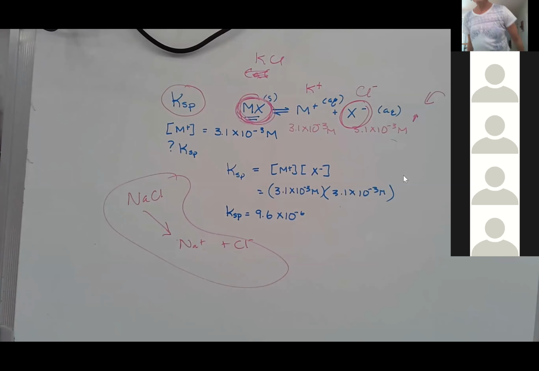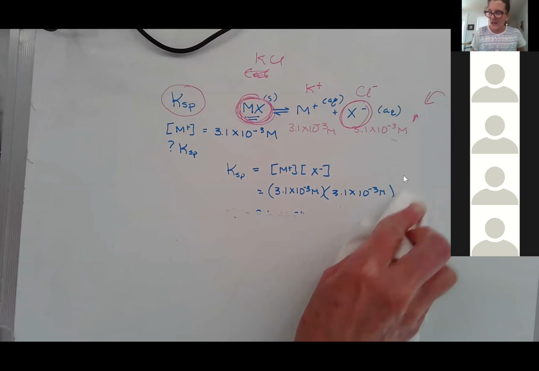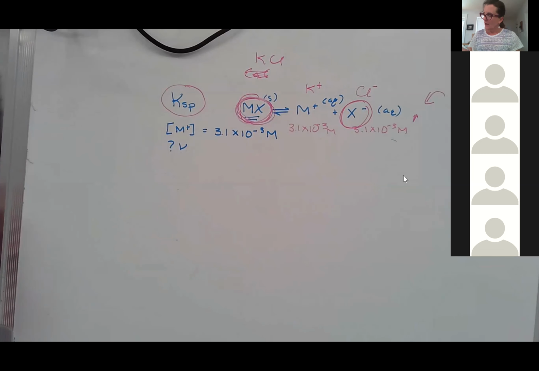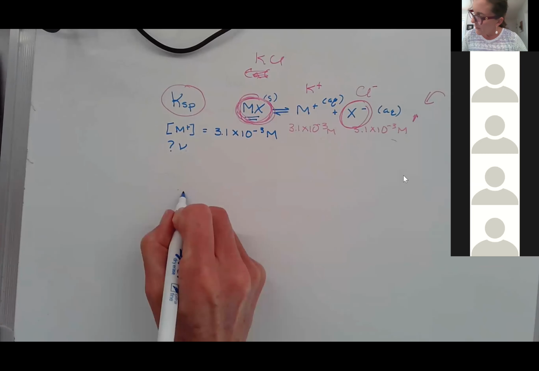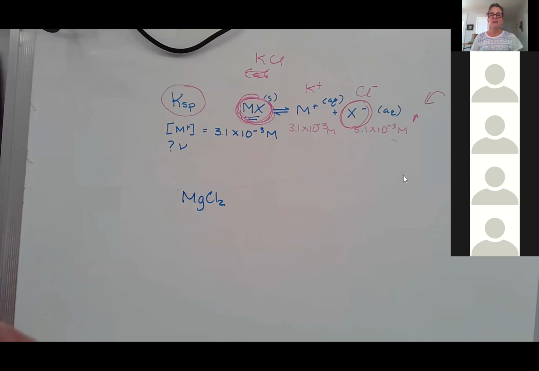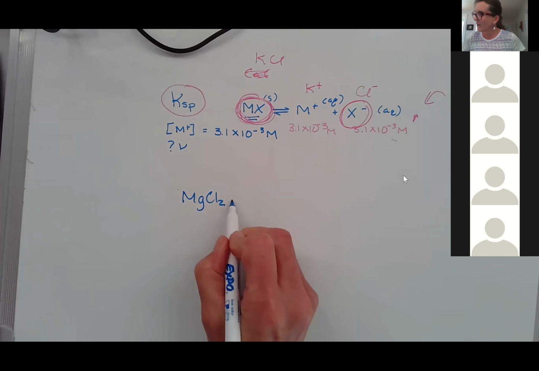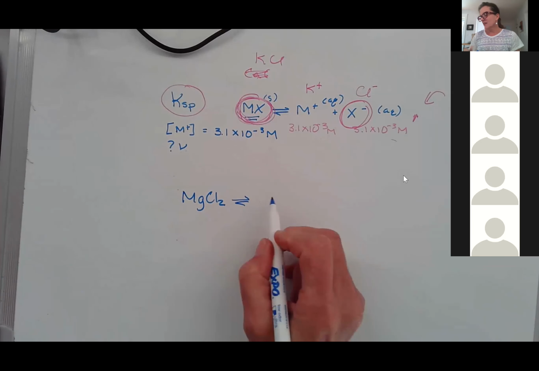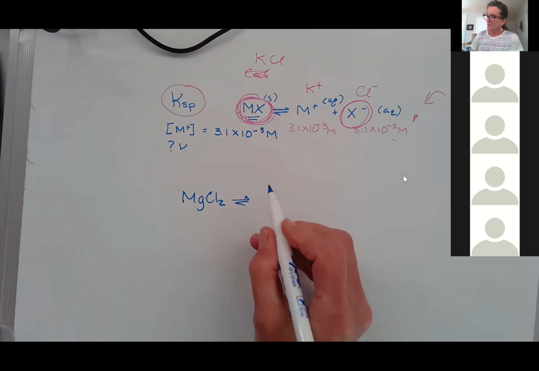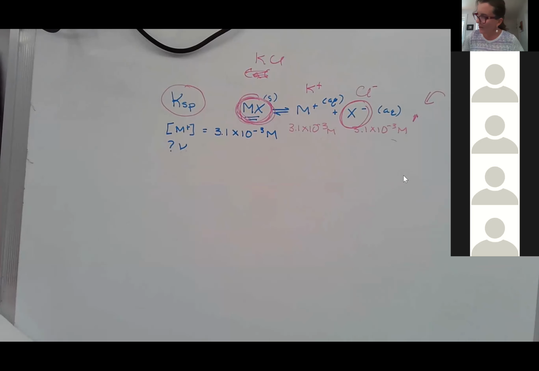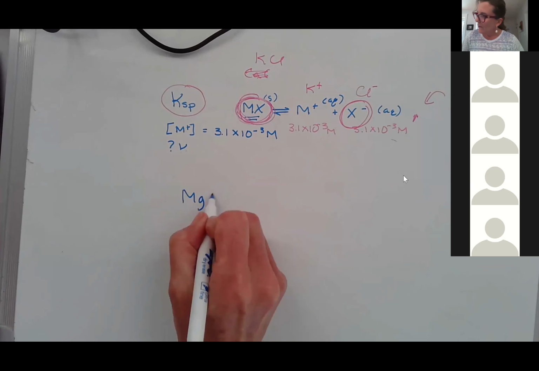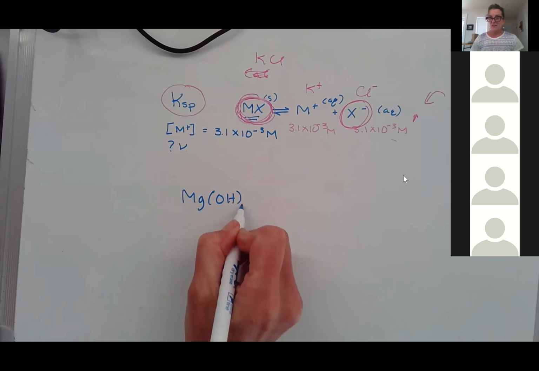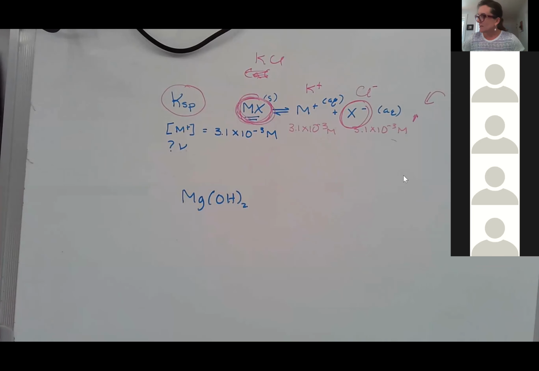So it's going to be in the ratio of what you dissolve. If I had magnesium chloride, well, that's going to be really soluble, so let me pick something that would not be as soluble: magnesium hydroxide.